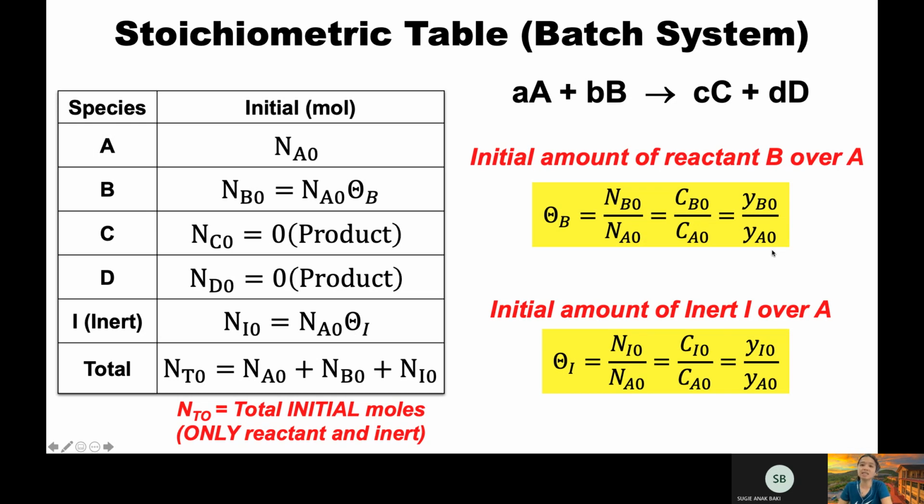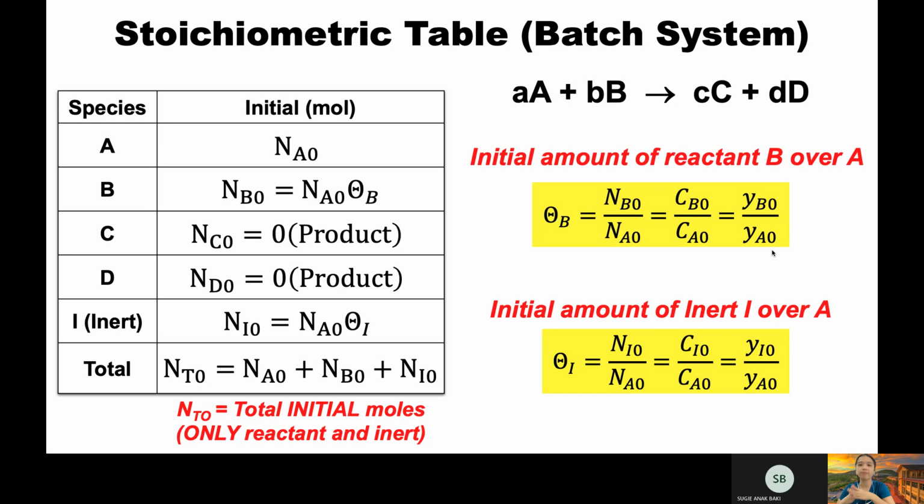For example, say the question says initially there is 50 mole percent A and 50 mole percent B. That means YB0 is 0.5 and YA0 is also 0.5 mole fraction, right? Mole percent converts to fraction, so 50% A and 50% B become 0.5 and 0.5. So theta B equals 0.5 divided by 0.5, which is 1. Or let's say it says the initial concentration of A is 5 molar and the initial concentration of B is 10 molar.